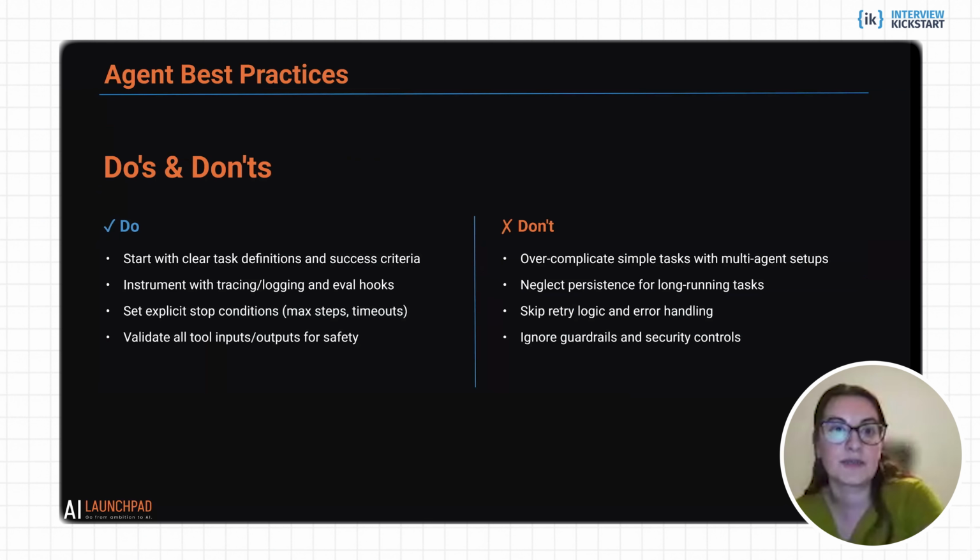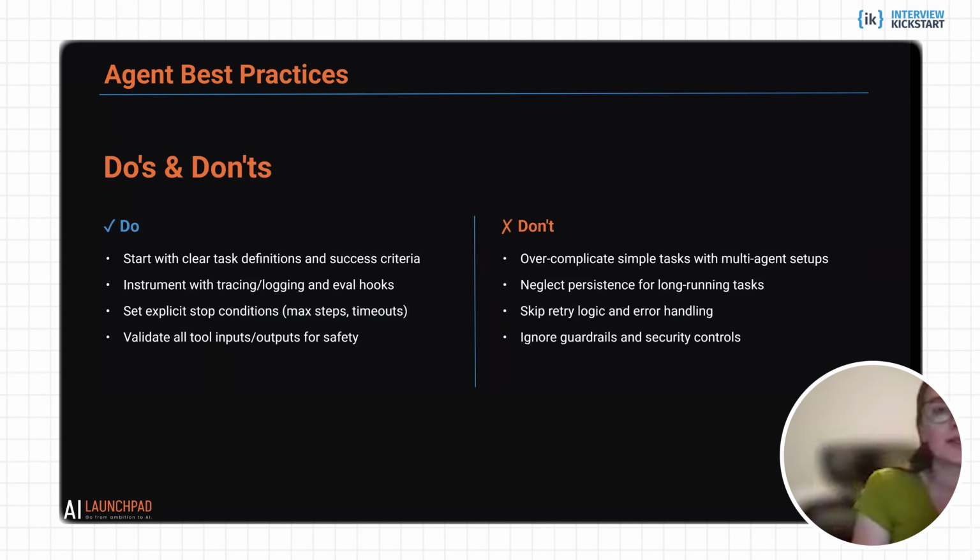Right. For agent best practices, you should start with clear task definitions and success criteria. It seems very simple, but it is very critical. You should instrument everything. You need to think about tracing, logging, and evaluation hooks. Every tool call, every reasoning step, every token usage should be traceable.